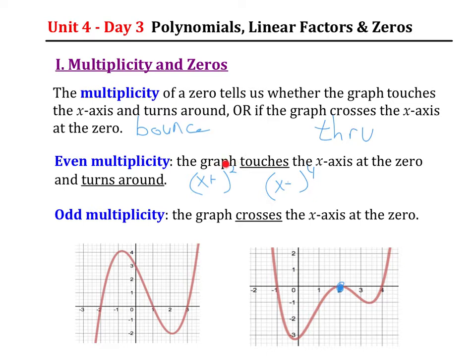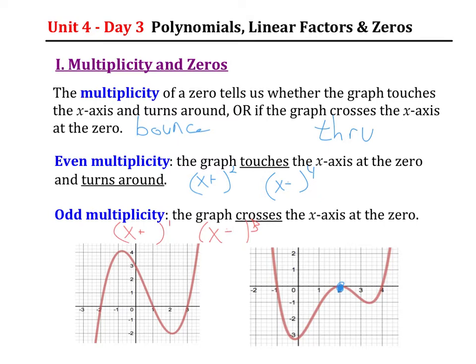Most commonly, it's just going to be a factor squared. We very rarely see fourth, sixth, or eighth. An odd multiplicity, when we have ours factored, you could have x plus or x minus something to the first power, in which case that exponent wouldn't be written, or maybe x plus or x minus something to the third power. So the exponent on the factor is going to be the multiplicity of the term.